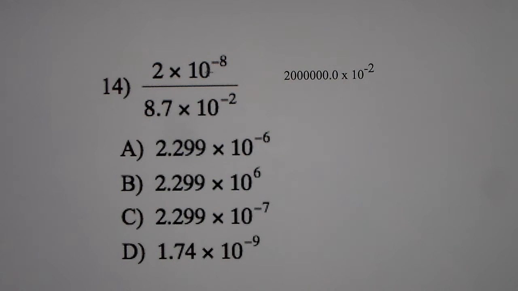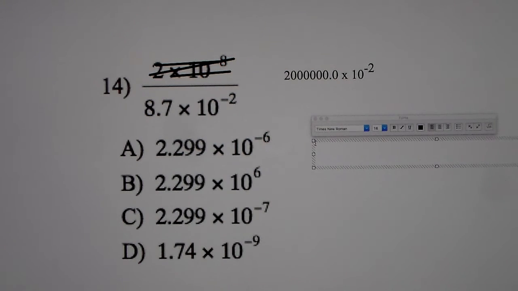What I did, I changed how we write that numerator. So it's a prettier number. Now I'm going to do 2 million divided by 8.7. And what I get is 229,885.0575.